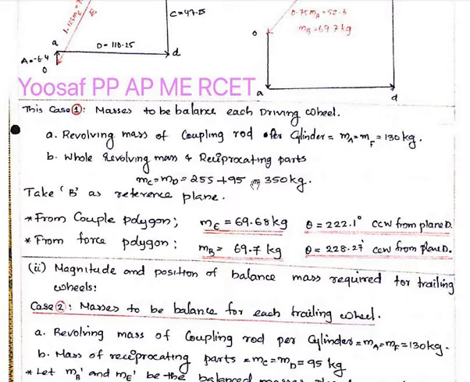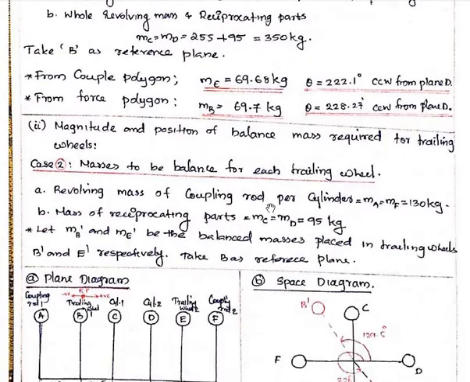Whole of revolving mass plus reciprocating mass for the cylinder, that is MC and MD: 255 revolving mass plus 2 by 3rd of reciprocating mass, and the half we will take. 2 by 3rd of reciprocating mass is 190, and for the driving wheel we will take the half, that is 95. Total is 350 kilogram, and B is taken as the reference plane.